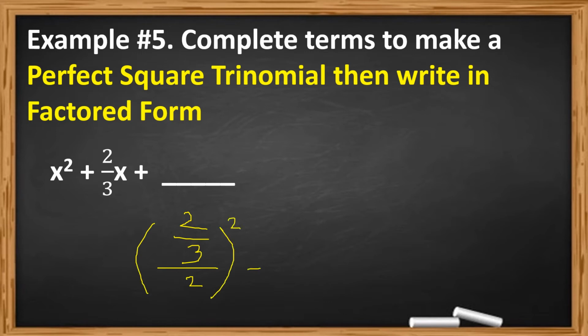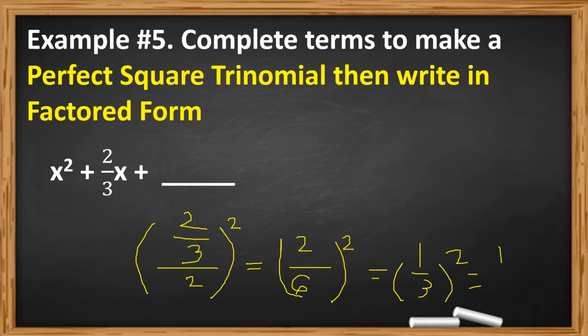By simplifying our complex fraction, we will have 2/3 divided by 2 becomes 2/6 quantity squared, but 2/6 is 1/3, right? So 1/3 quantity squared, or that is 1/9. So we have to rewrite 1/9.